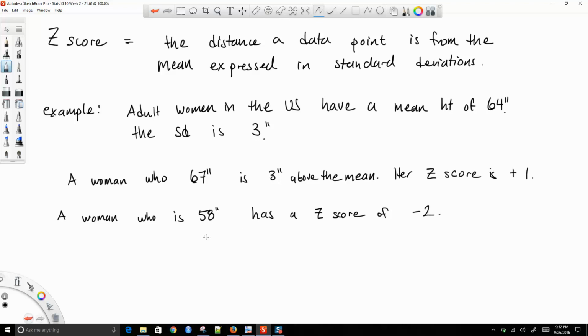This 58 is 6 inches below the mean. Okay, each standard deviation is 3 inches. So 54, so this is -6, this is below the mean, okay? And so this will give us a z-score of -2.